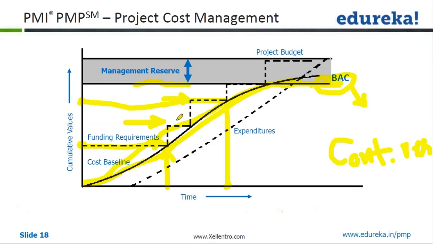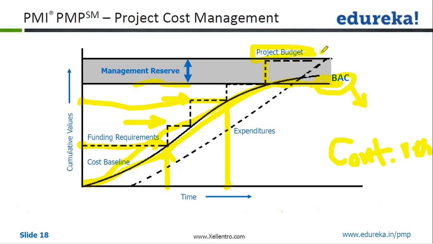So this is the S-curve. Whenever I say cost baseline, you should always imagine an S-curve. That's all. It is the time-phased, approved project budget. Now, when I say project budget, I add management reserve to budgeted actual cost, and I get the project budget.